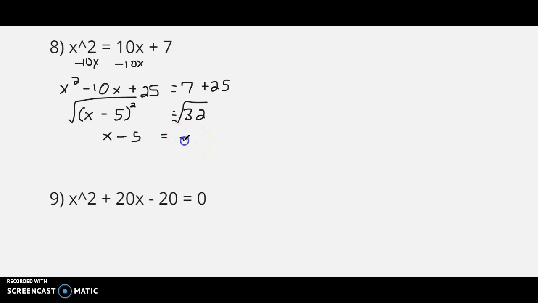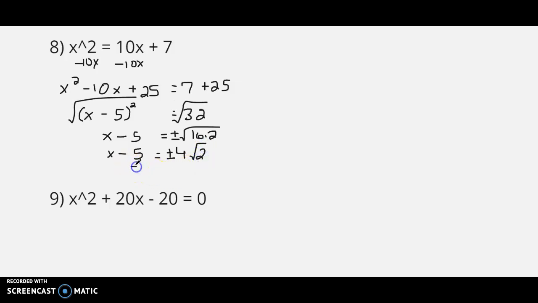Square root of 32 can break down into 16 times 2. And remember, it's plus or minus. Anytime you take the square root of an equation, you do have a plus minus possibility. Let's write what we have left here. Simplified, the square root of 16 is 4. So I have plus minus 4 radical 2.